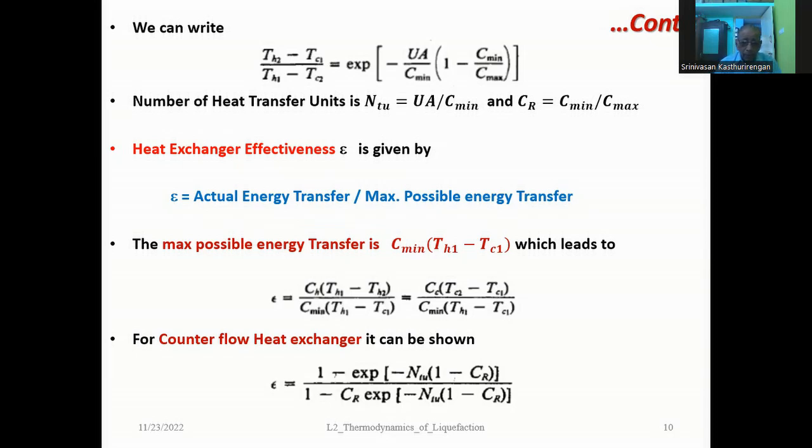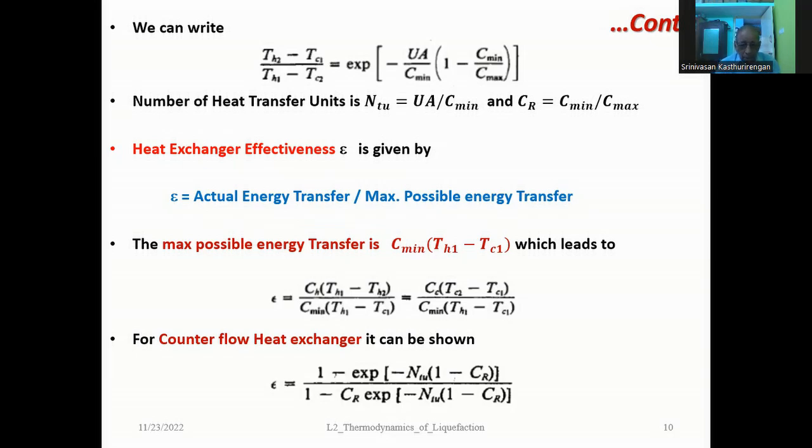You can also write the same relation in terms of the cold fluid. For the cold fluid, it will be Cc multiplied by (Tc2 minus Tc1), divided by Cmin into (Th1 minus Tc1). So epsilon is the heat exchanger effectiveness.